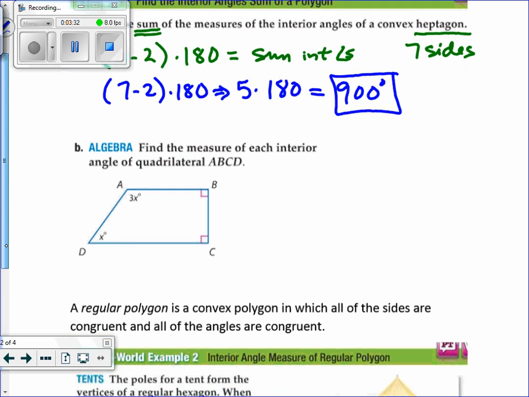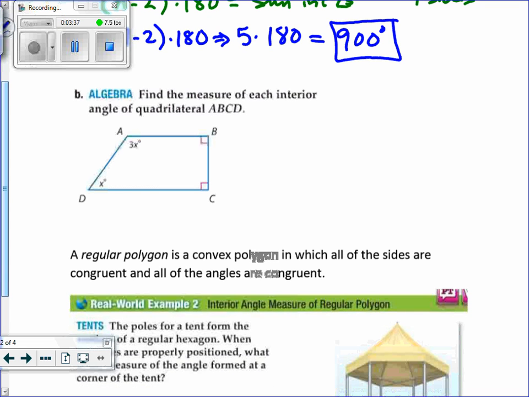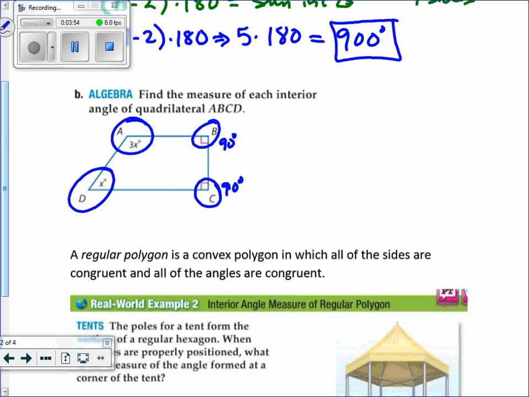Okay, how could I use that in some other situations? Problem B says find the measure of each interior angle of quadrilateral ABCD. We already have 2 of them. We have angle B and angle C. Those are right angles, so each of those is 90 degrees. But we don't know about A and D. It would be really nice if I knew how many degrees were in the whole thing, and then I could set up an equation.